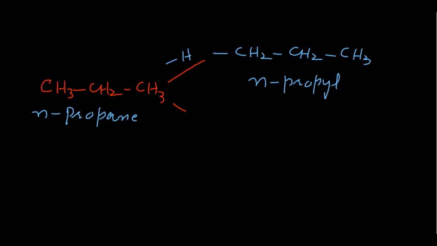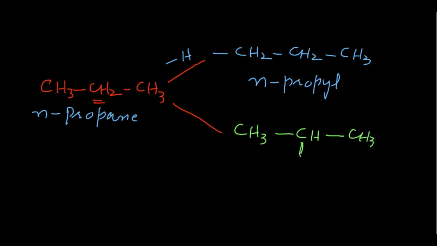Now students, if the hydrogen atom is removed from the second carbon, this carbon is the second carbon. So if the hydrogen atom is removed from the second carbon, then one vacancy of second carbon becomes vacant, like this CH3CH, its one vacancy becomes vacant, and CH3. Right students?